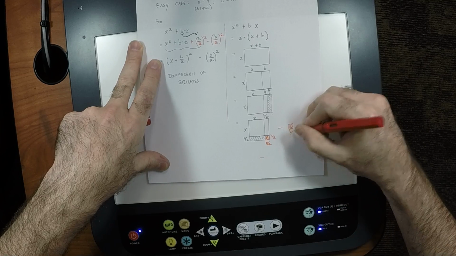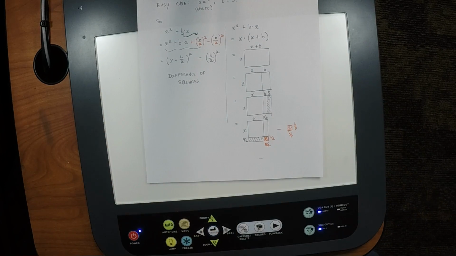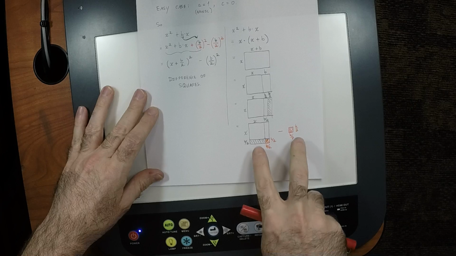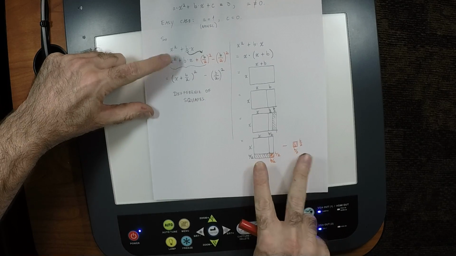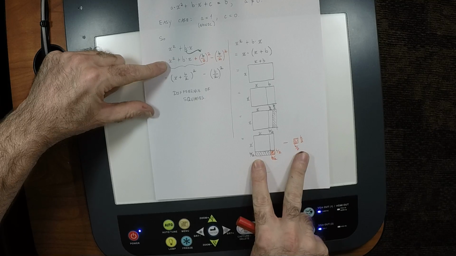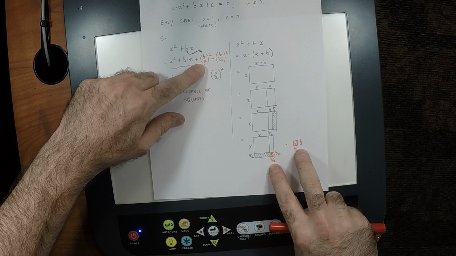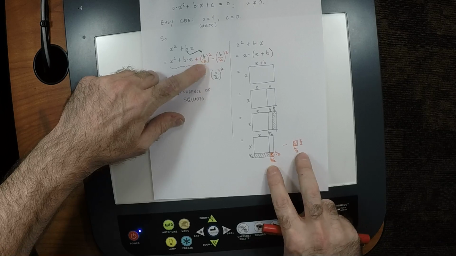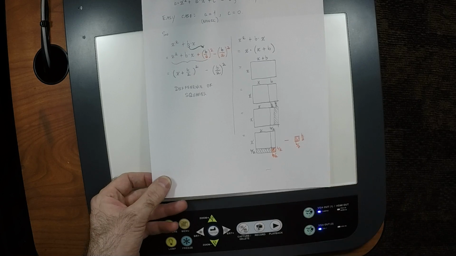So this is b over 2 and this is b over 2. So you're telling me that this picture is saying that the result is actually the difference of two squares? And I wrote those ones in red in algebra, and in the picture I wrote those ones in red. Wow. Complete the square. So any question about what the meaning of that is?